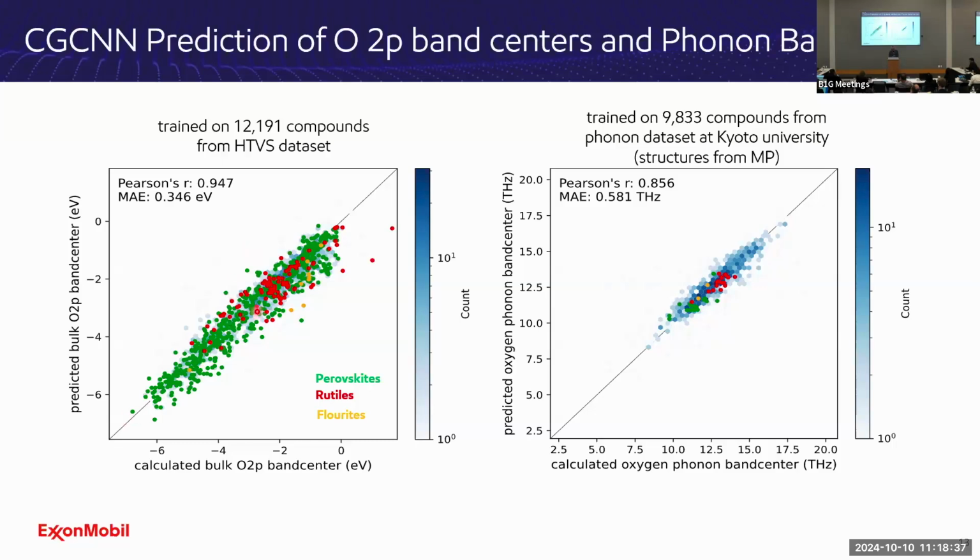And then Jackie performed a fit based upon the learning from the CGCNN. Similarly, there's a database of phonon band centers, and we can do the same thing there. You can then use those predictions to get some confidence that, again, I don't have to calculate every single oxide. Maybe I can already make some kind of prediction in cases where I'm missing data.